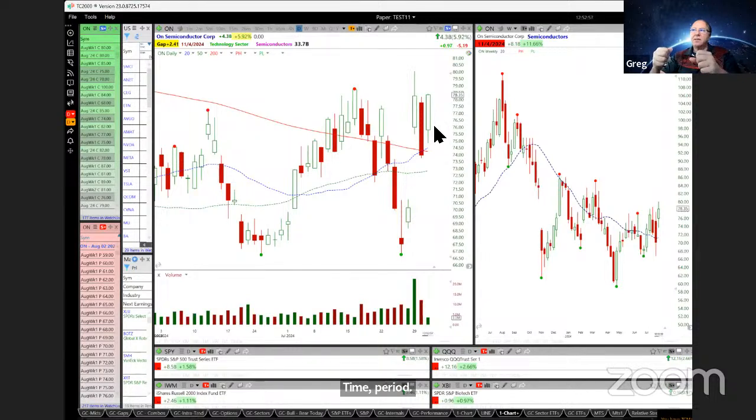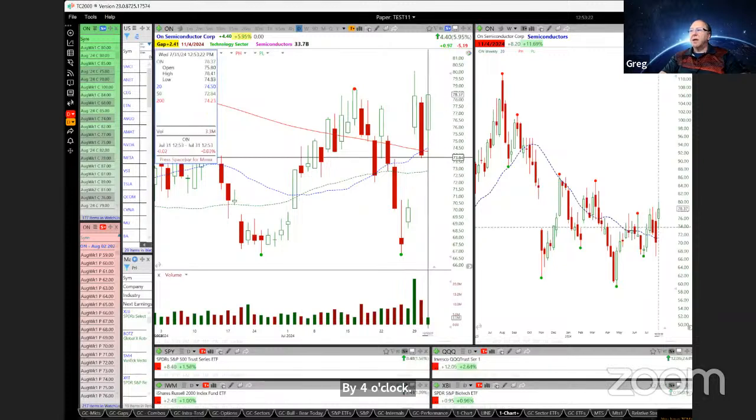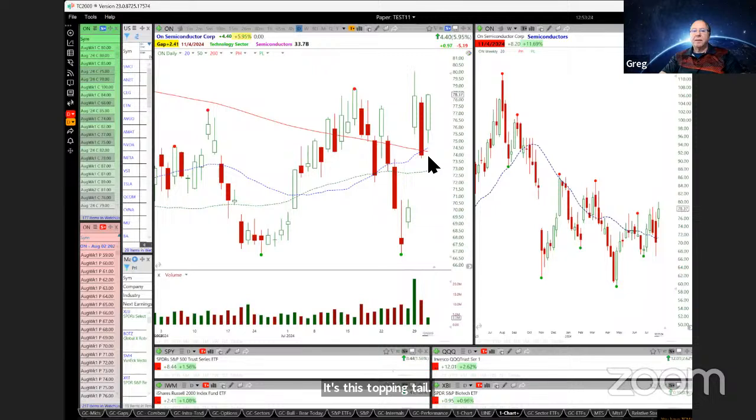You get into trades sometimes because you're so anxious, the fear of missing out. You see a bar like this, and right now it's almost 1 o'clock, and you say, I'm going to get in that because that red bar going down is so bullish, and that's going to go up tomorrow. And by 4 o'clock, it's this topping tail that's closing under this bar's low.